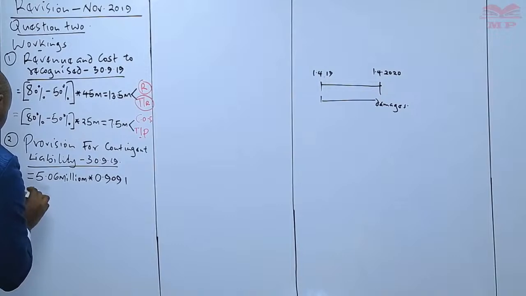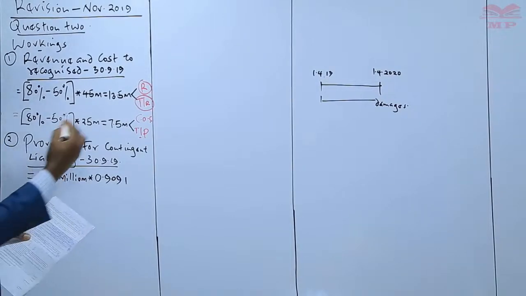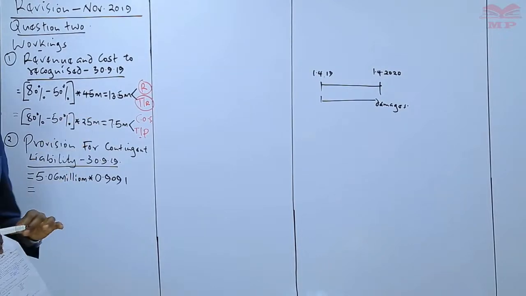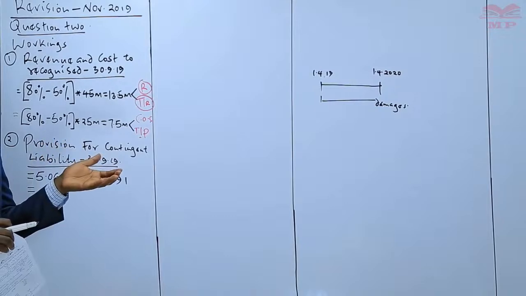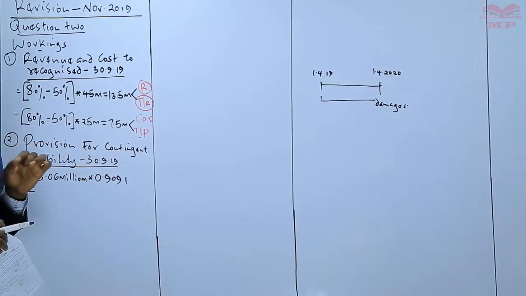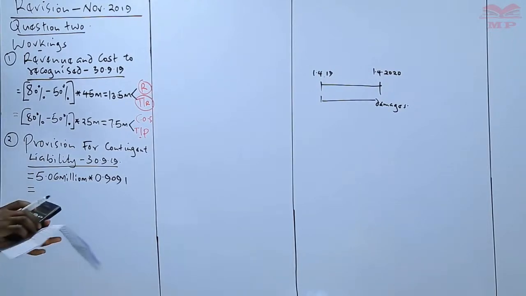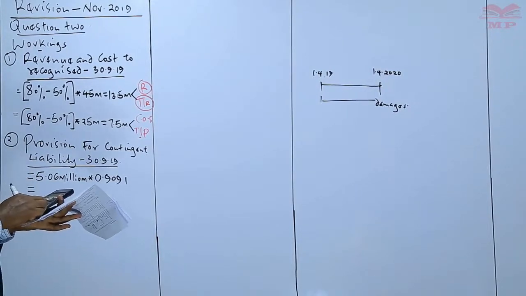So we multiply the two, so we get the present value of the damages which will be paid, and that will be equivalent to the contingent liability. So the company at the end of the current financial year was supposed to make a provision equivalent to that contingent liability. So let's multiply these two.